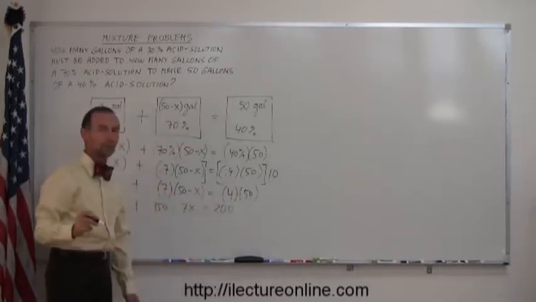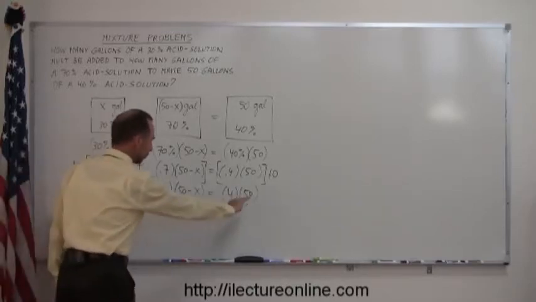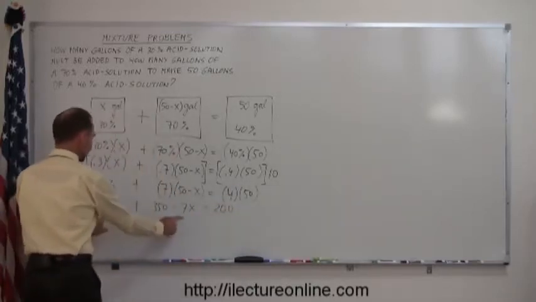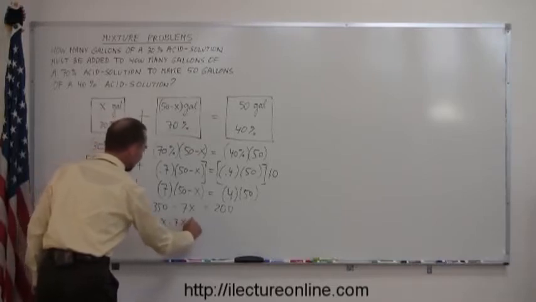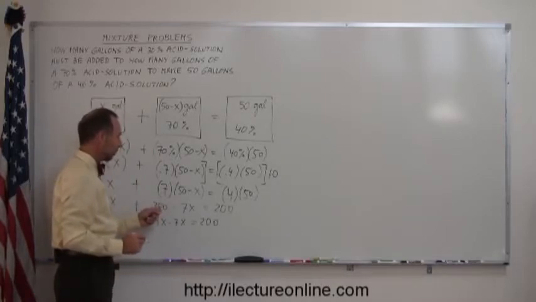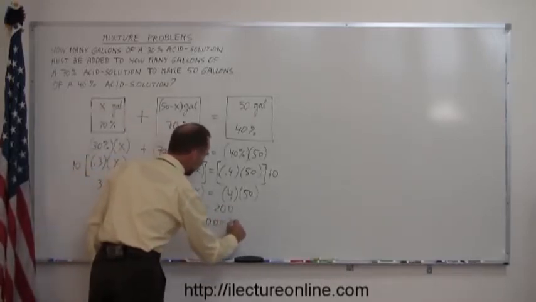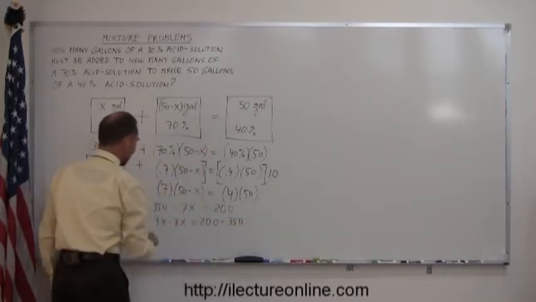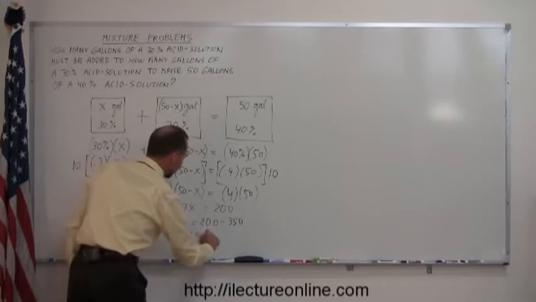And of course, what we do here is we move all the terms with the x to the left side, all the terms that don't have an x to the right side. So I have these already in the right location. 3x minus 7x equals 200, and when we move the 350 over to the other side, remember we change the sign. This becomes minus 350. 3x minus 7x is minus 4x. 200 minus 350 is minus 150.